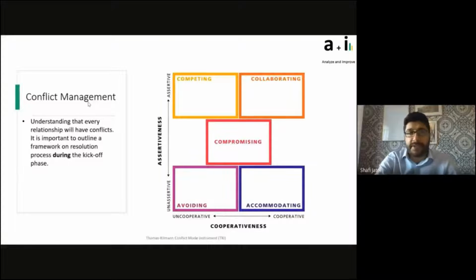Conflict management. Every relationship has conflicts, but how we deal with them determines the success. Establishing a framework at the beginning, which is the escalation criteria, if I may add, helps with ensuring that conflicts are resolved amicably and with the satisfaction of all parties.